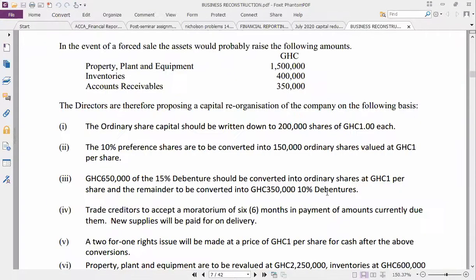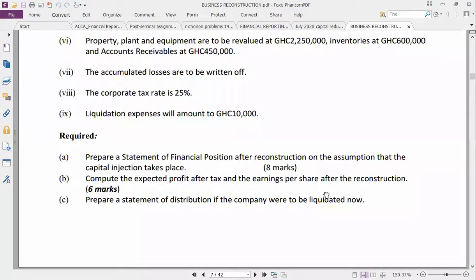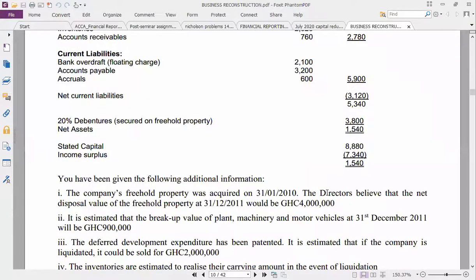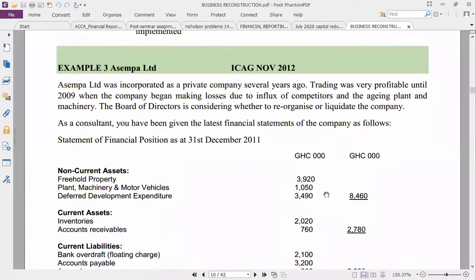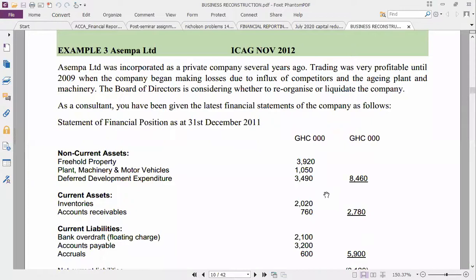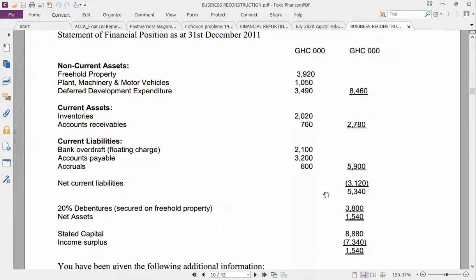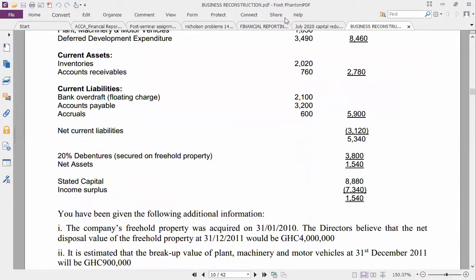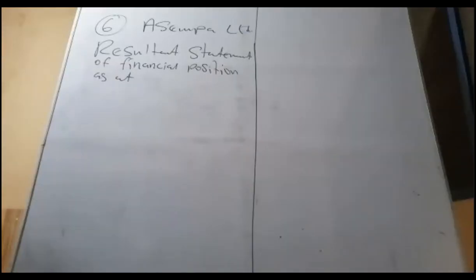So Asempa Limited. The balance sheet date is as at 31st December 2011, so this should be 1st January 2012. If you want to code dates, that's the date that you have to code. So let's go to the board.